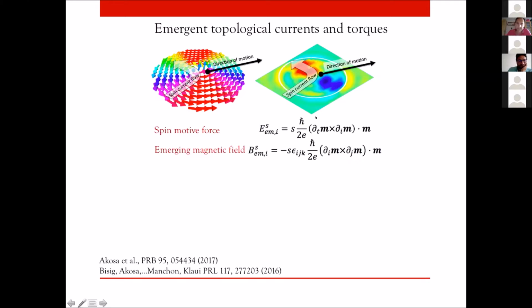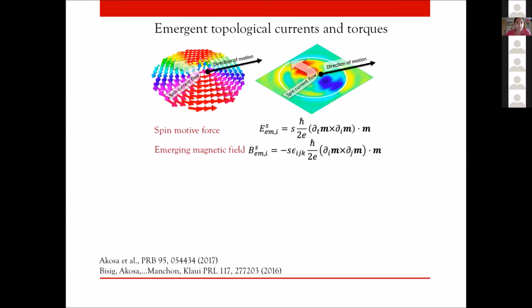These are aspects that were studied probably a decade ago or so. What we realized is that the emerging magnetic field experienced by the flowing electrons has a dramatic impact on the spin torque that those electrons exert on the skyrmion or on the vortex. From this point of view, this is completely equivalent.